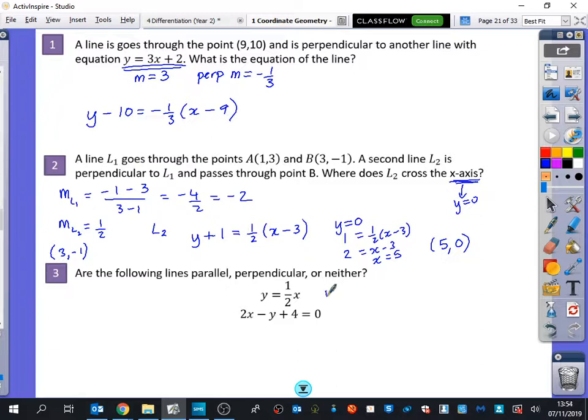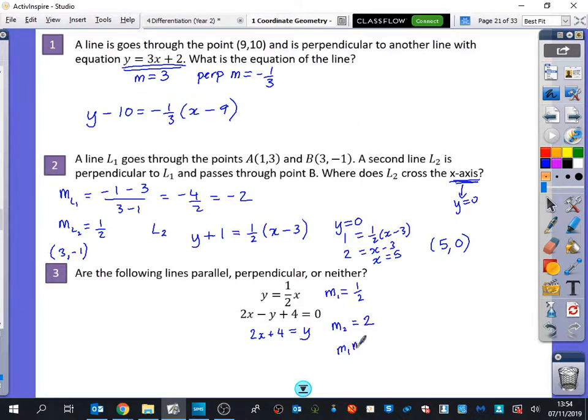So we can see for this one that m1, I'm going to call it its gradient m1, is a half. This one requires some rearranging, so I'm going to put the y onto the other side. So I get 2x plus 4 equals y. So its gradient is 2.